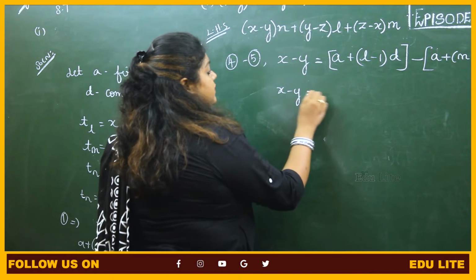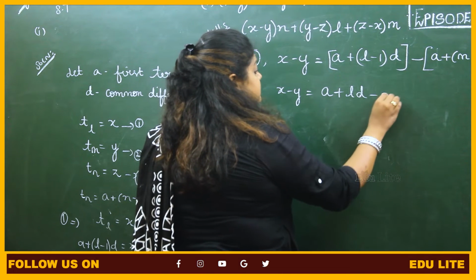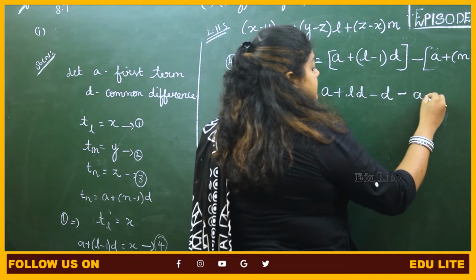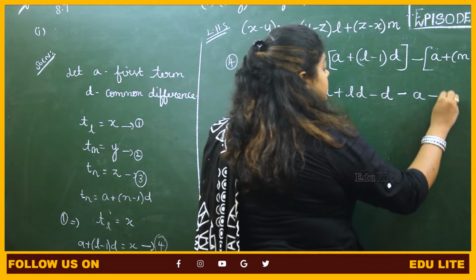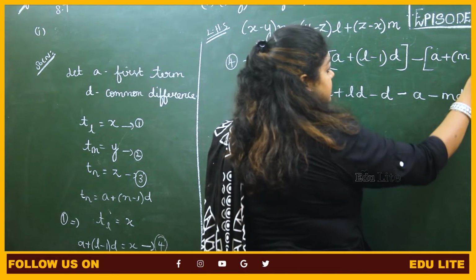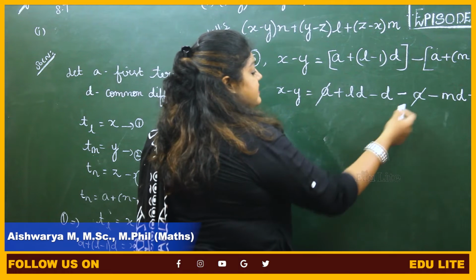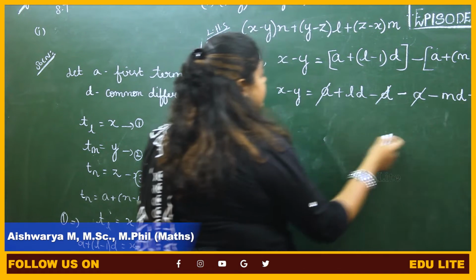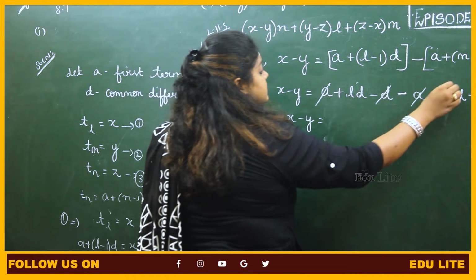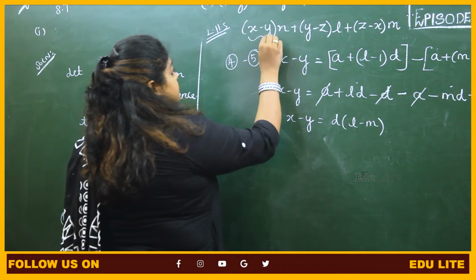X minus y is equals to a plus l into d minus d minus a minus m into d. We have minus over here and minus over here, it will become plus d. So on the right hand side, plus a minus a will get cancelled, minus d plus d will get cancelled. The remaining is x minus y equals to, from this we can take d in common, it will become l minus m. So we have found x minus y.